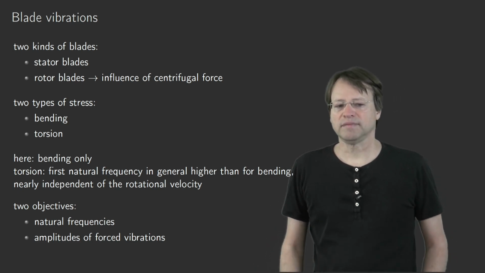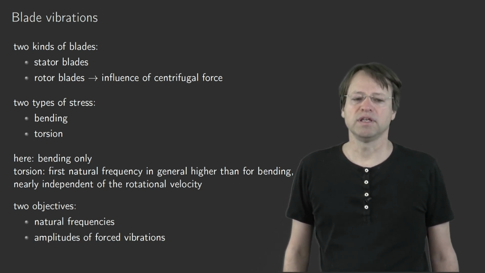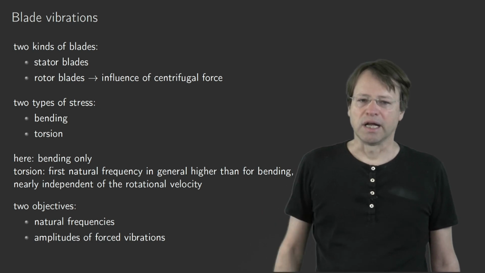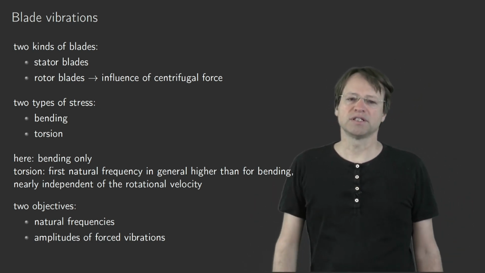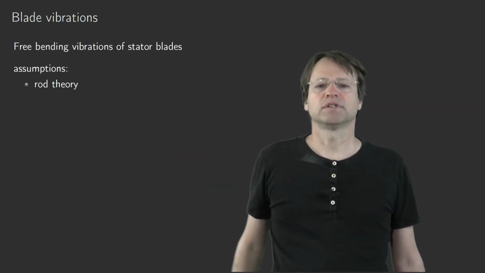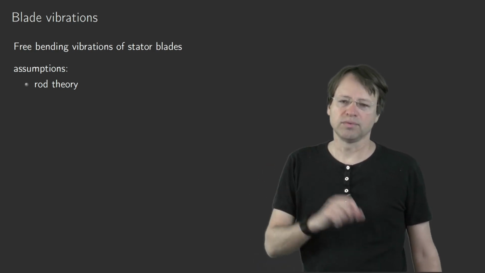Now, let me come to the derivation of the equation of motion for stator blades. But before I derive the equations of motion, it's necessary to state some assumptions. We want to deal with the free bending vibrations of stator blades here in the first two videos.